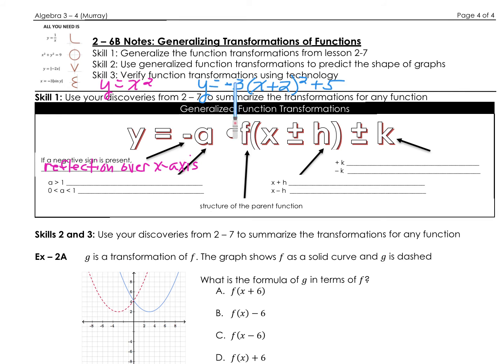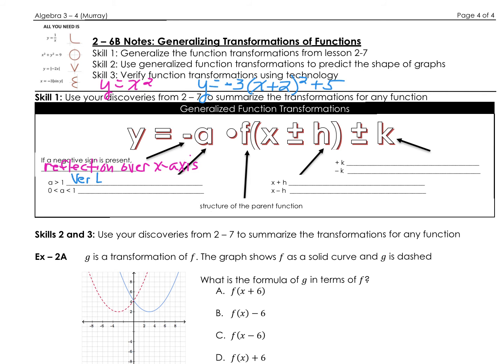Then if you have a number in front of the function, like we have here, this 3, you have to look at it and determine, is it greater than 1 or is it between 1 and 0? Since 3 is greater than 1, we are going to end up with a vertical stretch.